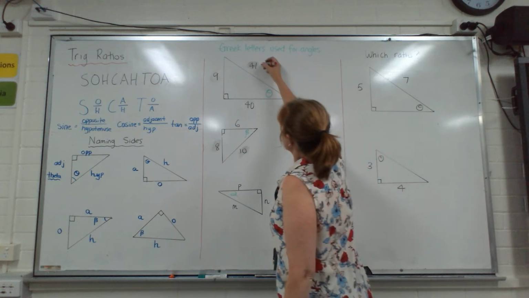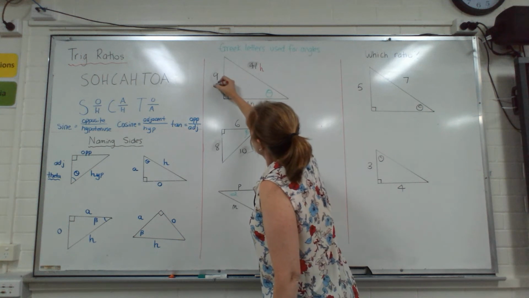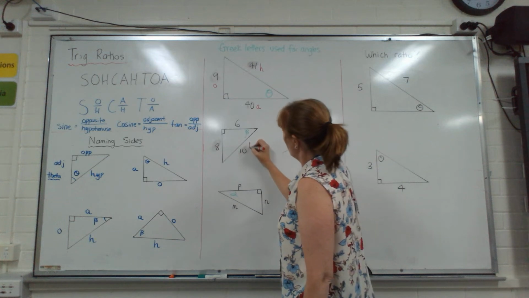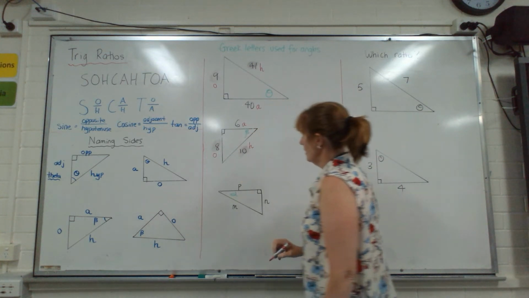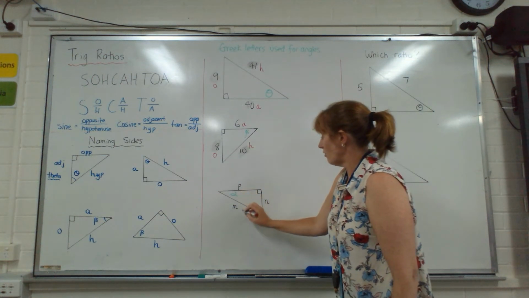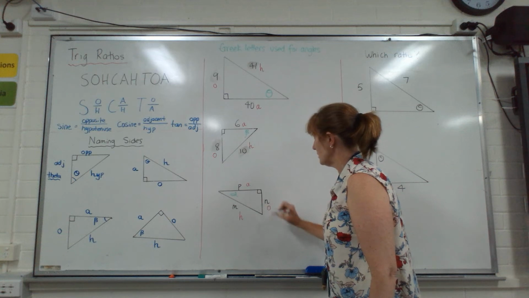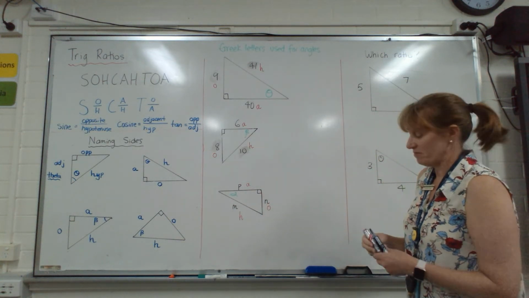So I'm going to go on this one, I'm going to do my hypotenuse, my adjacent, and my opposite. This one here, I'm going to do my hypotenuse, my adjacent, my opposite. And for this last one, I've got my hypotenuse, my adjacent, and my opposite. This is confusing, there's lots of letters, but don't worry, we'll get to that together.